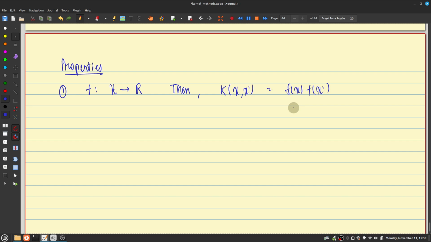Essentially it's any kernel that is kind of separable. I claim that this is PDS.